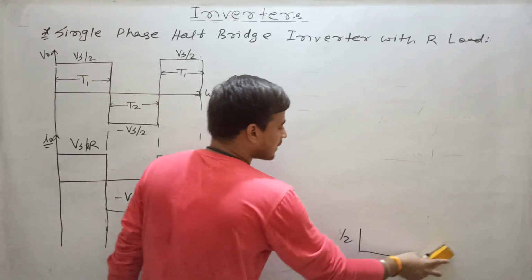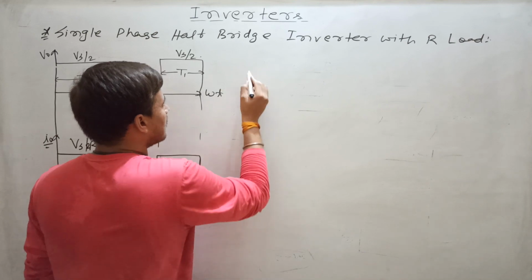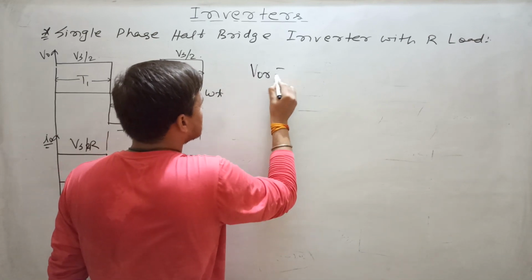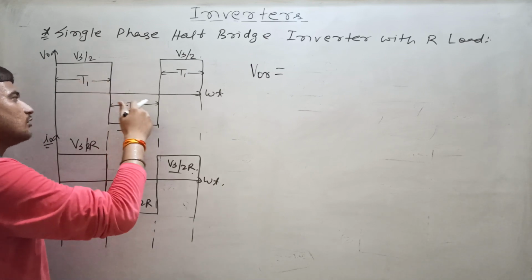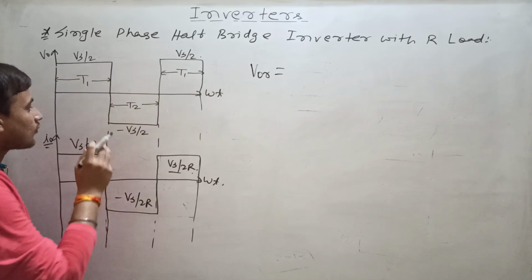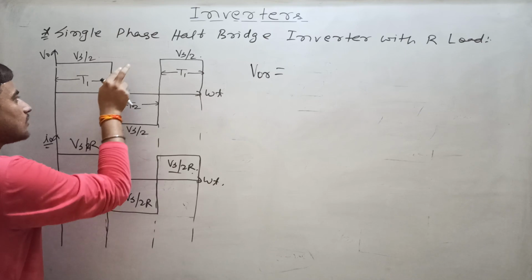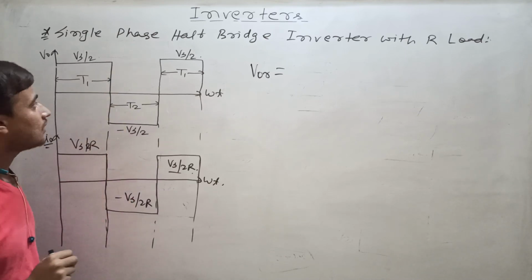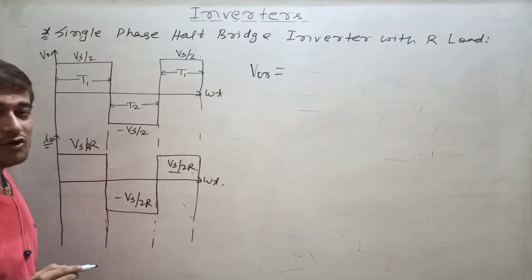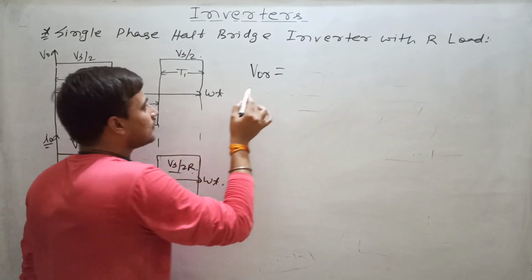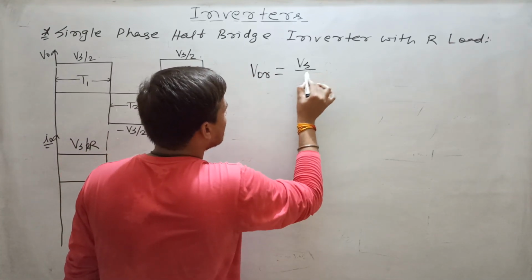Apply the concept of signals and systems. You will have to square, so it will also come in the positive part. It will be treated like a pure DC of value Vs by 2. So VOR will also be equal to Vs by 2.